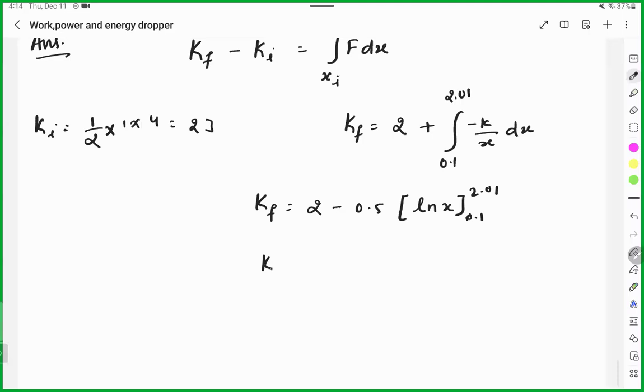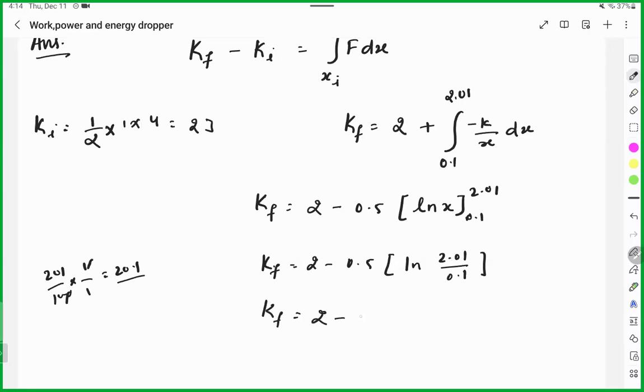So now you can put the value: 2 minus 0.5 natural log X. It will be 2.01 by 0.1, that is 201 by 100 by 1 by 10. This cancels, so it will be 20.1, right? Yes or no? Natural log 20.1.